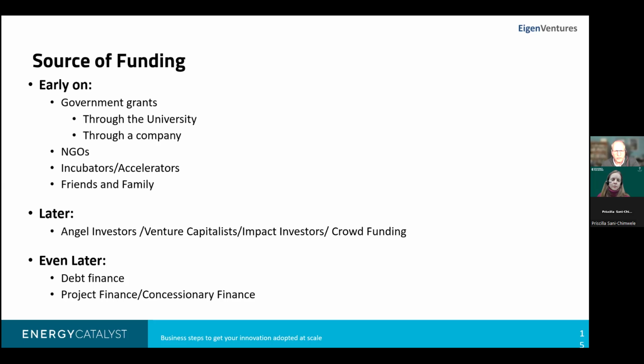Later on, if you're looking at investment in the company, there's a whole range of types of funding. Angel investors, who are people investing their own cash. Venture capitalists, investing on behalf of other people. A lot of impact investors in this space, people who want to invest to generate impact, not just capital return.